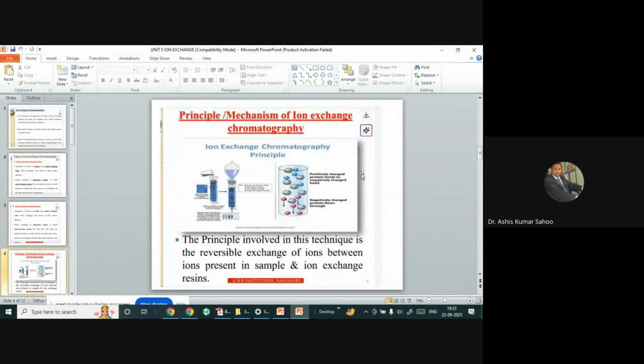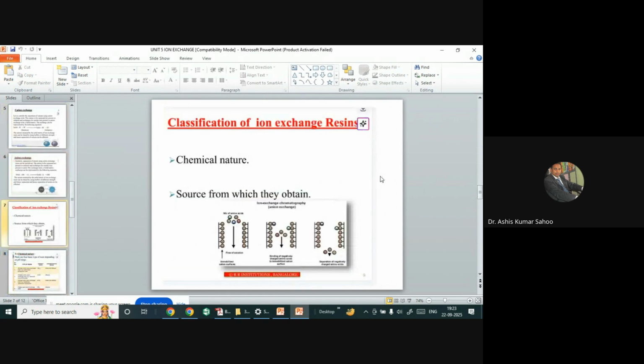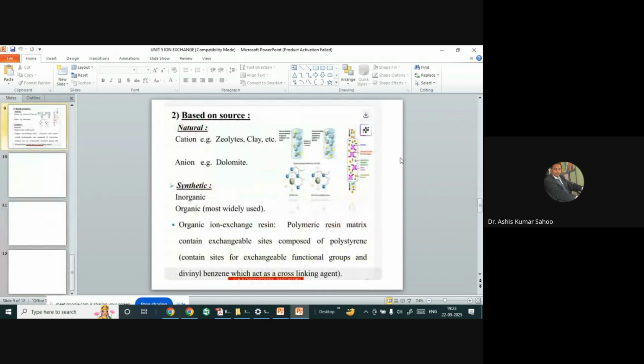So here in the ion exchange chromatography method, we can separate ions from each other.